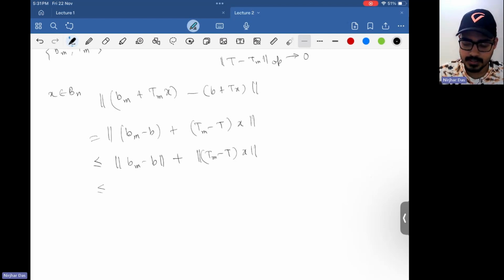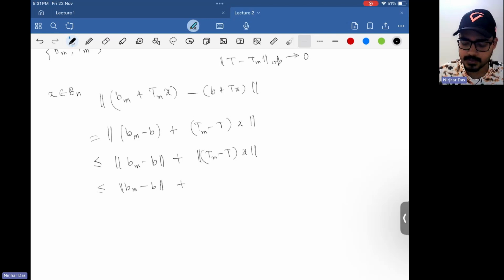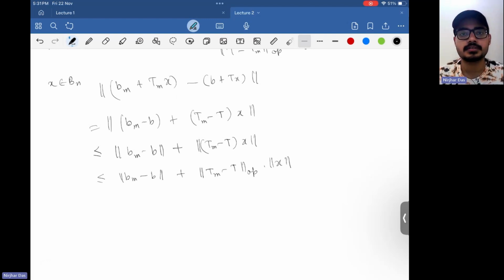And this is again less than or equal to, Bm minus B plus the operator norm of Tm minus T times the norm of x. And we know that x belongs to the ball, right? So therefore, the norm of x is at most 1.